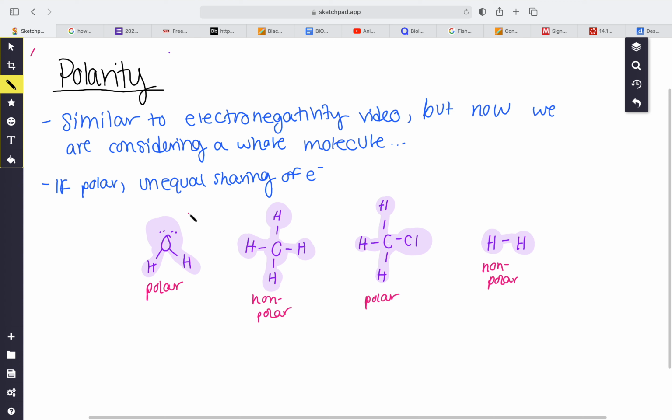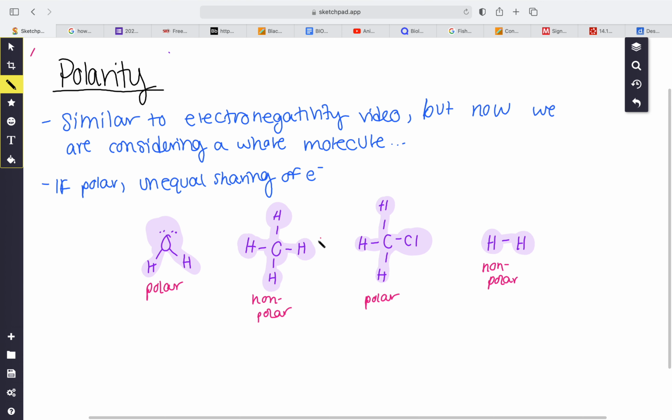That means it's going to be polar because there's an unequal sharing. Again, I love using the tug of war example. That's probably one of my favorites. If you think about the hydrogen and the oxygen having a tug of war, the oxygen is a lot stronger than those hydrogens, so it's going to be pulling those electrons towards it, which means it's going to be an unequal sharing of electrons.